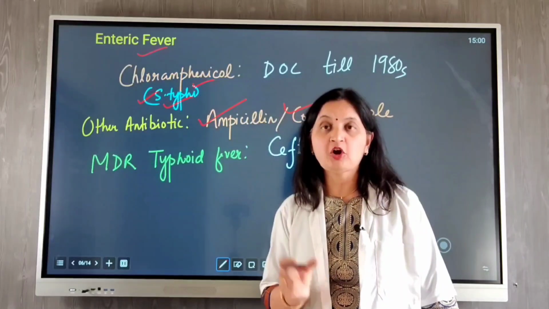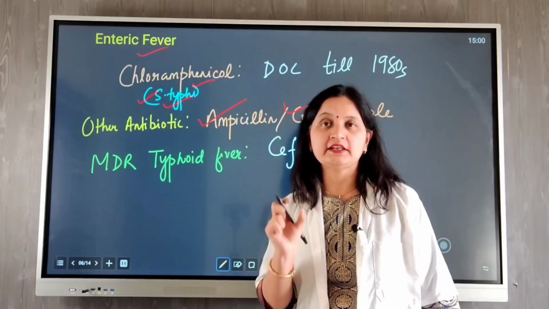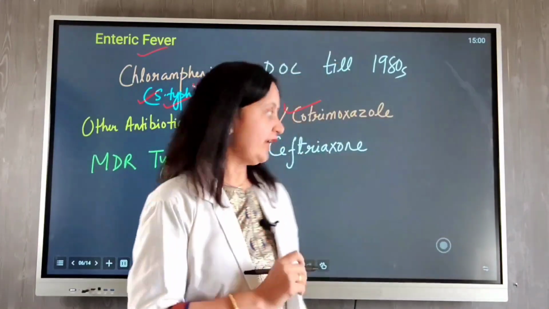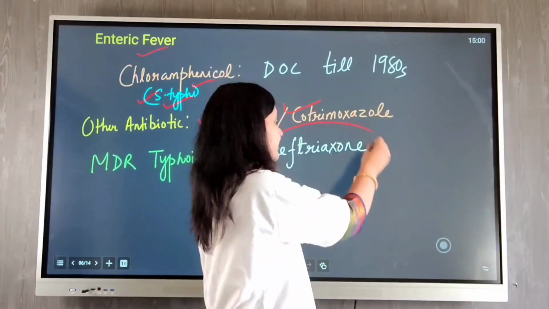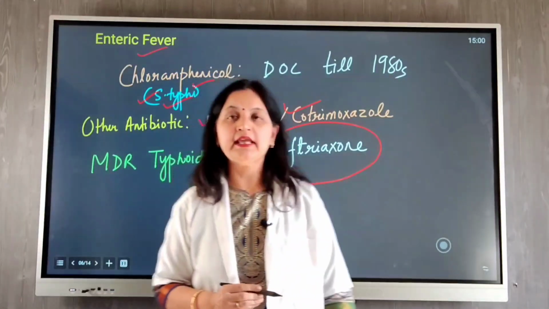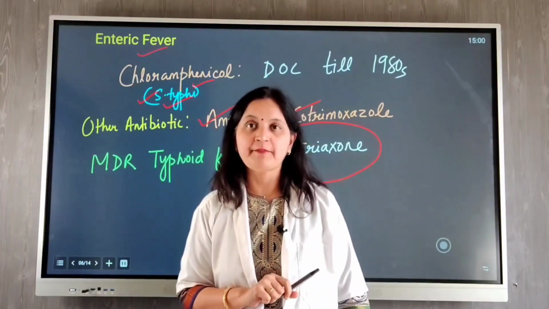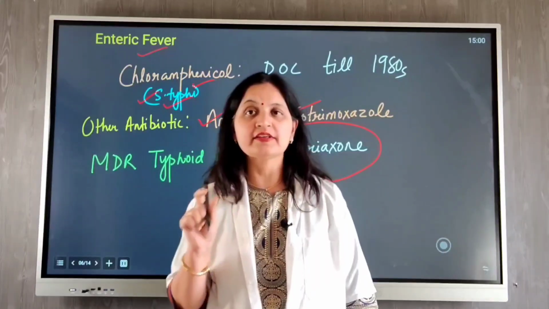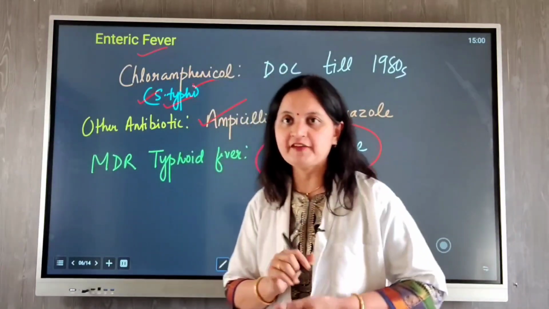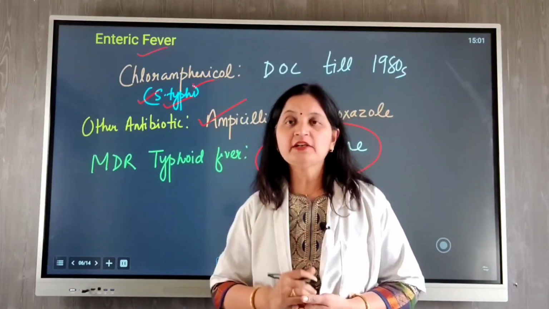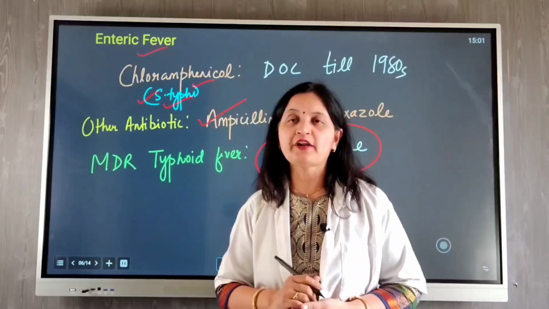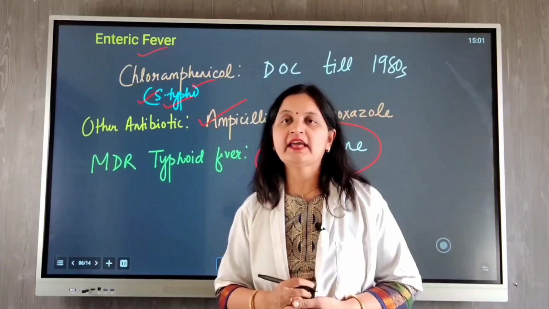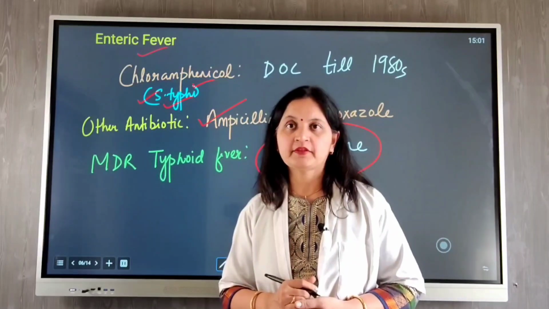However, for the management of multi-drug resistant typhoid fever, ceftriaxone, which is a third generation cephalosporin, is the drug of choice for multi-drug resistant Salmonella typhi infections. But if the local strain is sensitive to chloramphenicol, it can be used for treatment.